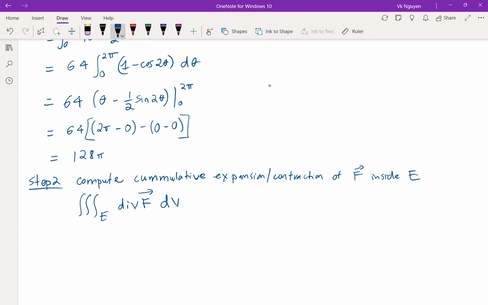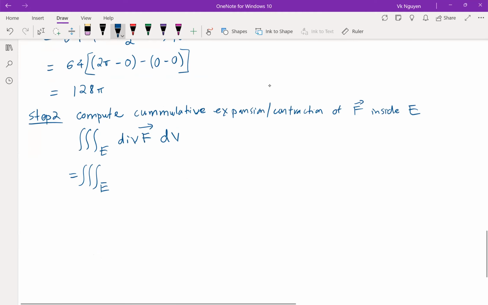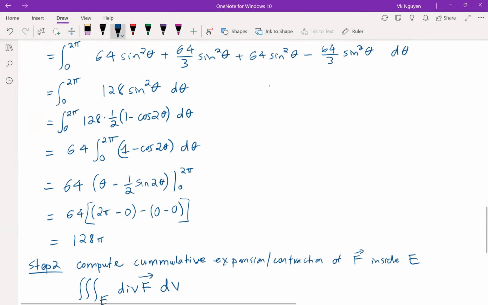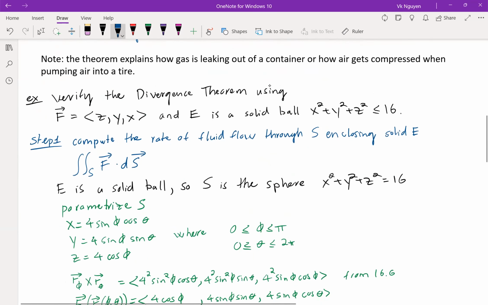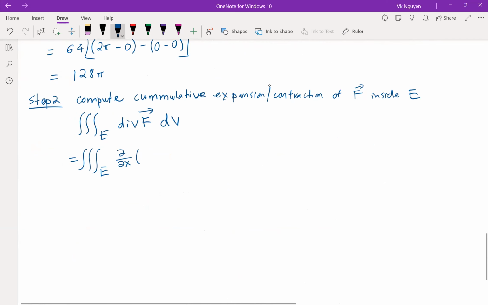Well, we know divergence F is the partial derivative with respect to x of, if you look at the vector field F here, z y x plus partial derivative of y with y, partial derivative of z with respect to x dV.